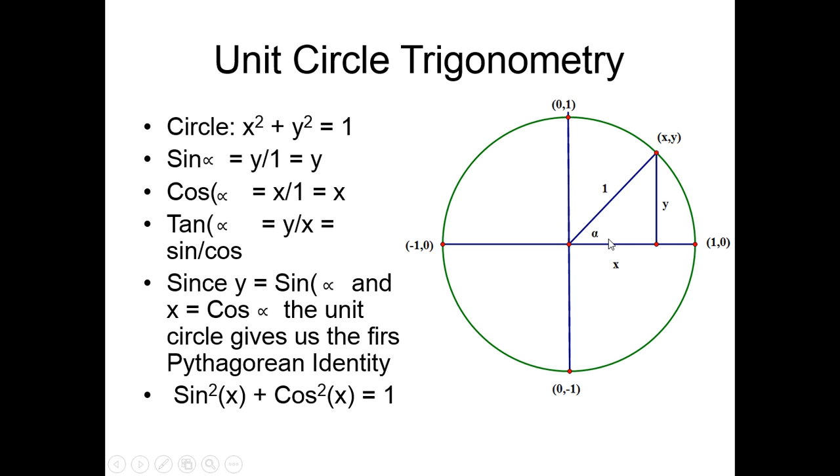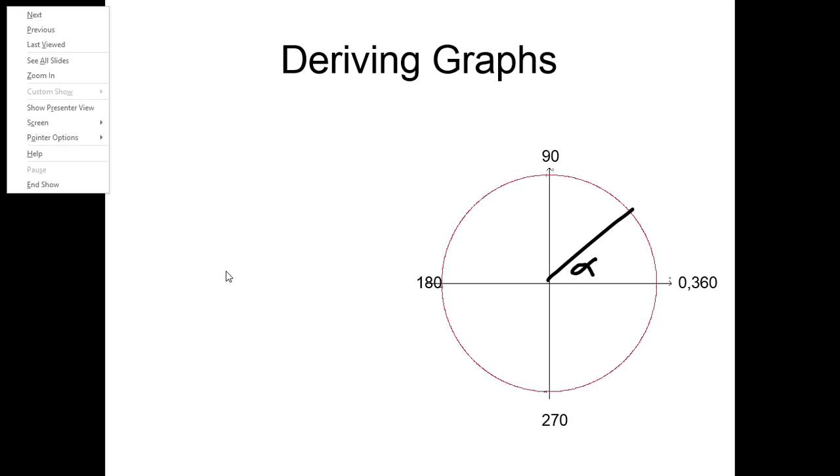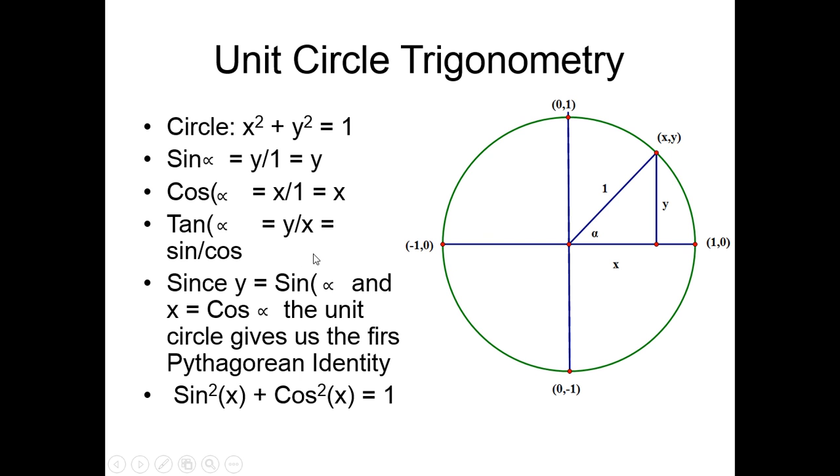The radius of the circle is 1, and if we draw a triangle from this, we designate this point on the unit circle (x, y). So this height is y, and this length is x at any time with this angle rotating.